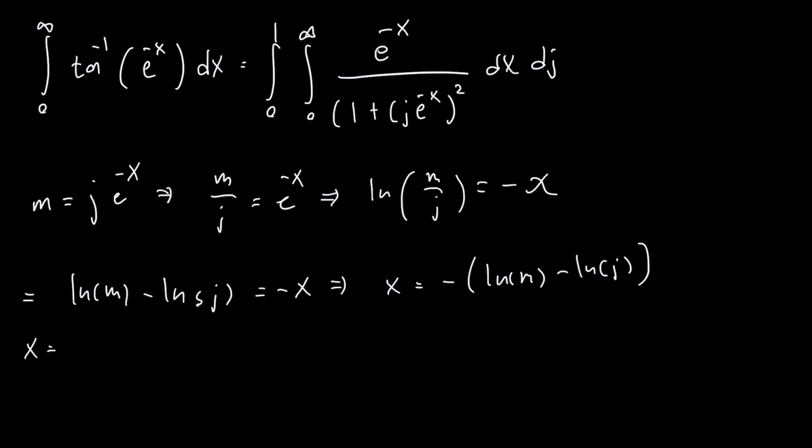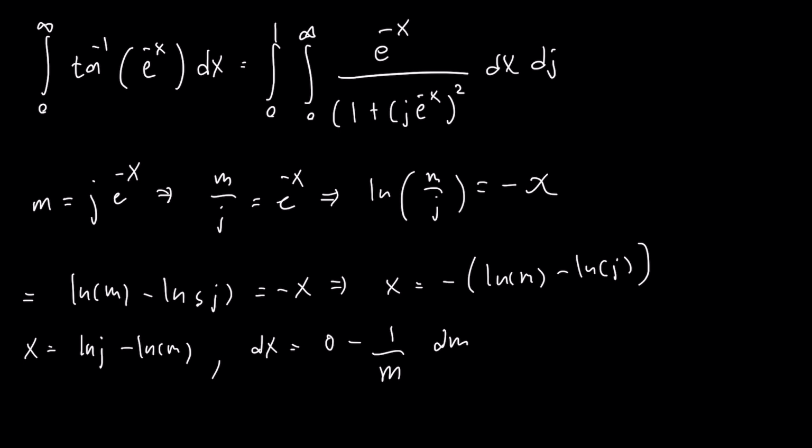So x is ln j minus ln m. So we take dx: dx is 0 minus the derivative of the natural log of m. So we have a minus 1 over m dm.